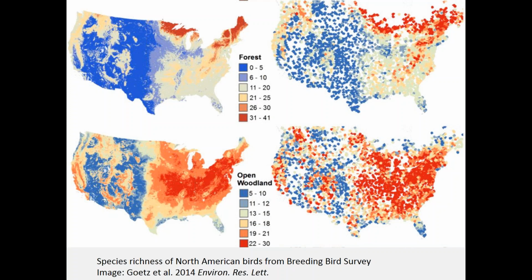And so in this paper on North American birds, the Breeding Bird Survey, which is the biggest spatial data set of birds on most continents, people go out at different transects, and at each transect they report the number of different birds they observe. These are essentially citizen scientists, so there's some correction for the skill of the observer.